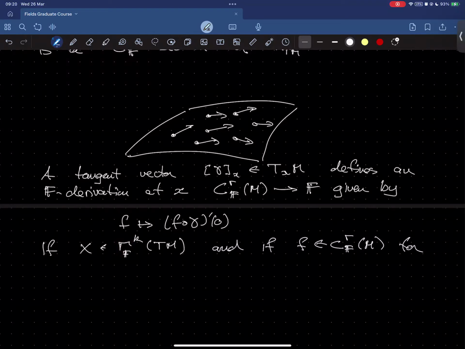All right, and R is going to be greater than or equal to 1.